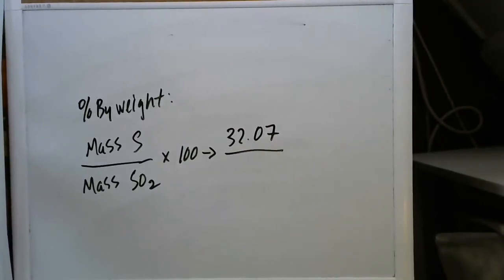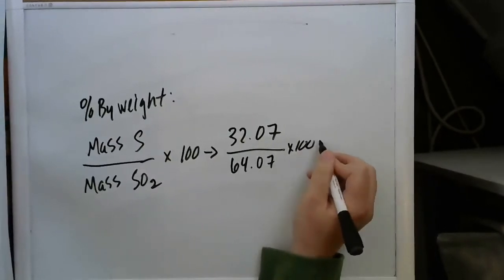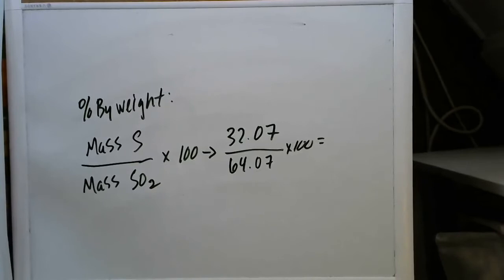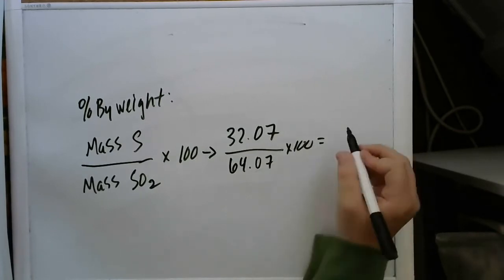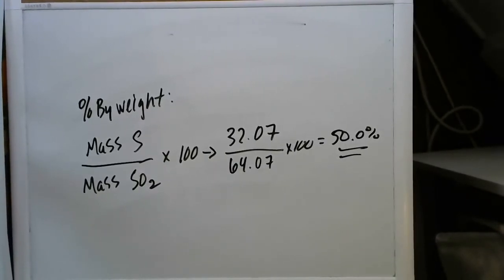Divided by... right around 50%. Okay. Like I said, straightforward. It's good to review the straightforward ones, though.